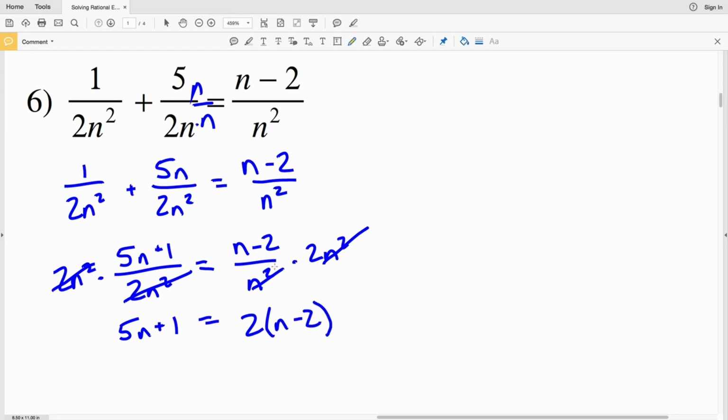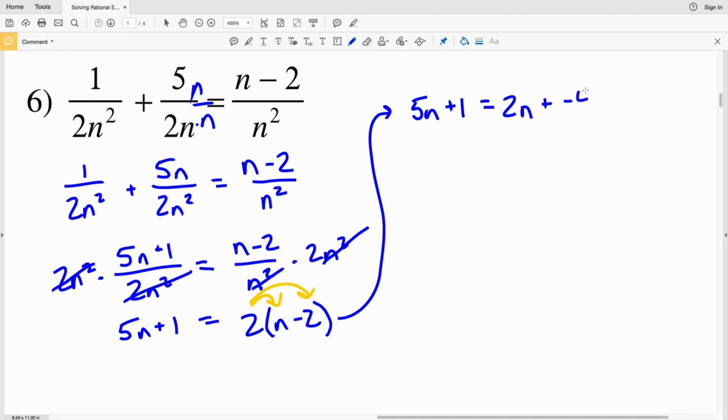What I need to do next is distribute that 2. So the 2 gets multiplied by the n, and it gets multiplied to the negative 2. So rewriting this, I'll have 5n plus 1, and that's equal to 2 times n, which is 2n, and then 2 times 2 is 4, and we're subtracting that 4, so I'm just going to add a negative 4. And remember, we're isolating the n, so we're going to try to get that by itself.